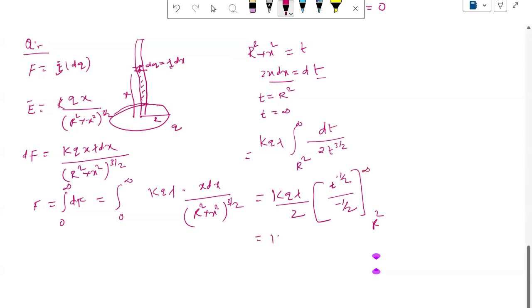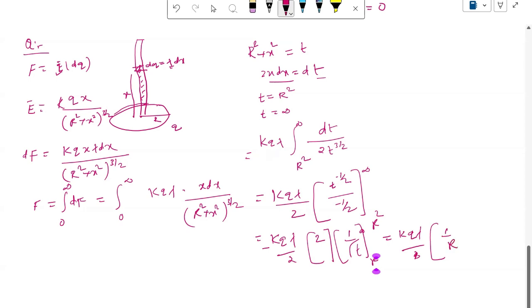So that equals K Q lambda by 2 into minus 2 into 1 by root t, from r square to infinity. The 2 also gets cancelled. K Q lambda into 1 by r square means 1 by r, and 1 by infinity means 0.